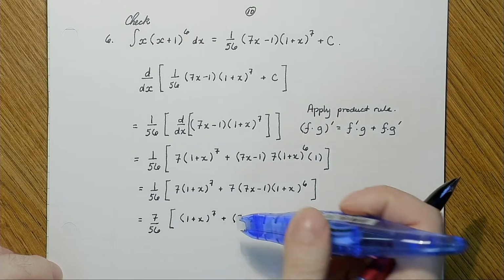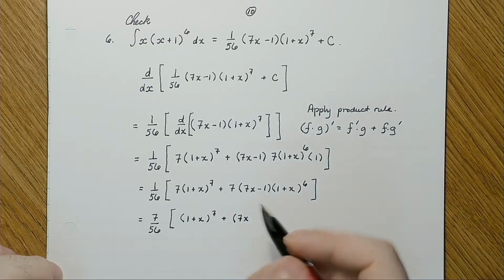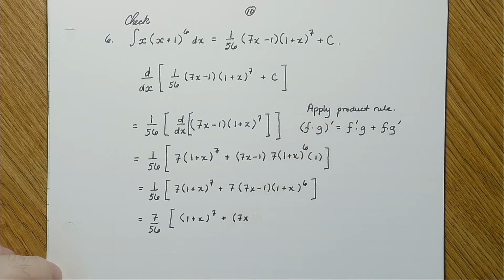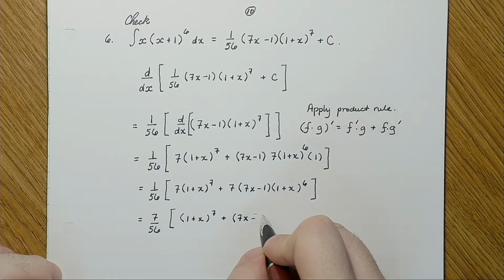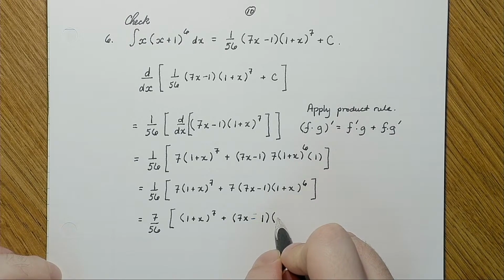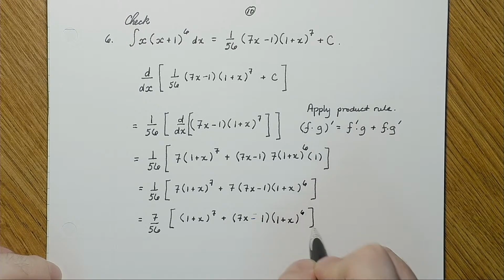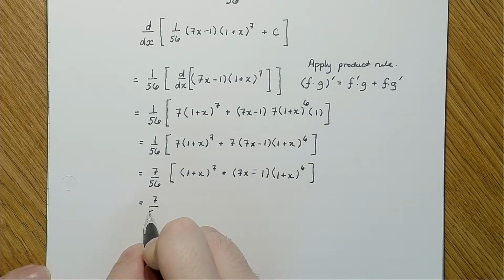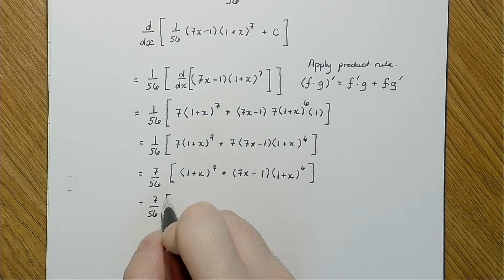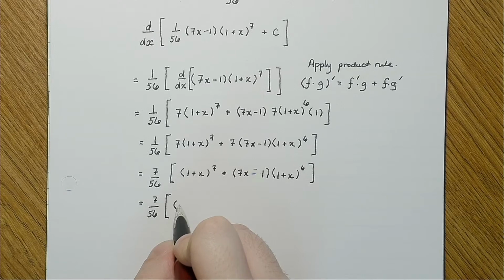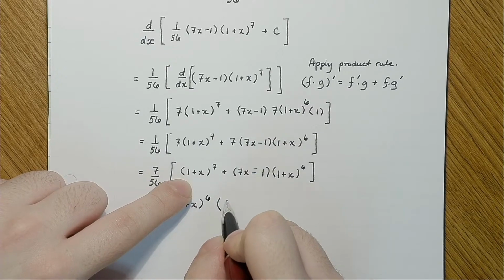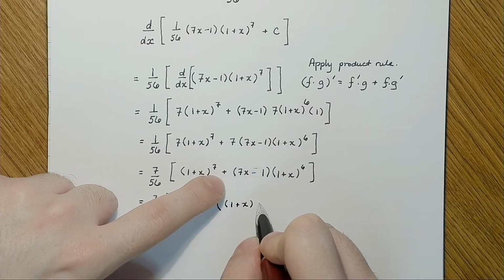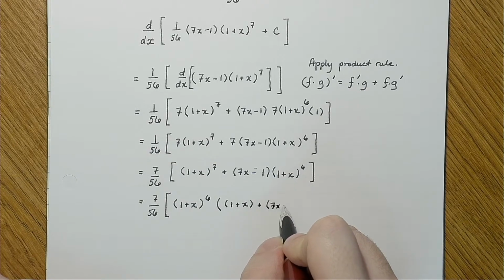Oops, I have to make sure I... Okay. And what I would do is factor that out so that I got 1 plus x to the 6th. And so what I'm left with is 1 plus x plus 7x minus 1.